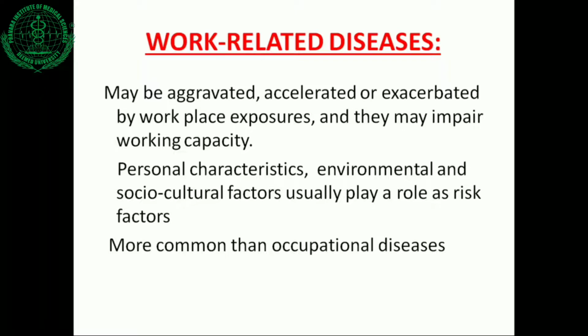So personal characteristics, environmental factors, socio-cultural factors usually play a role as risk factors in such diseases which I mentioned, for example peptic ulcer or chronic bronchitis, and therefore when these diseases are seen, they may be considered as work related diseases. They are more common than occupational diseases.